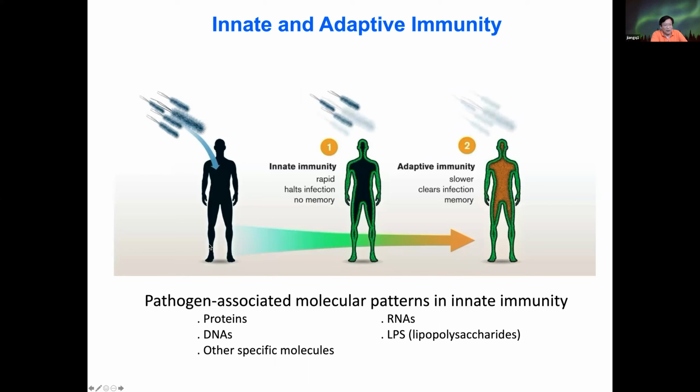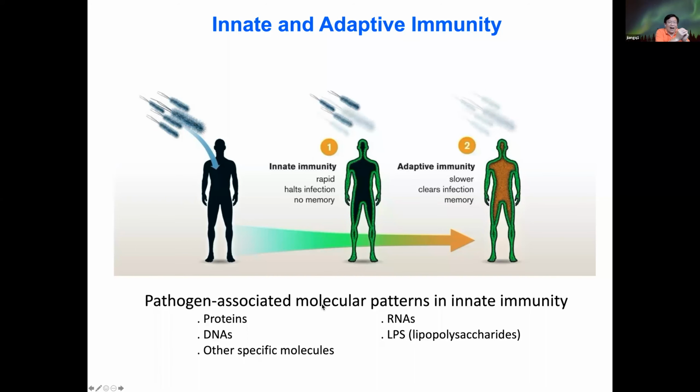Innate immunity means that a lot of the cells in our body have the capability to detect non-self molecular patterns from pathogens. For example, the S protein, the spike protein on the surface of SARS-CoV-2. The peptides of the spike protein are not present in our genome, which means that they are pathogen-associated molecular patterns.